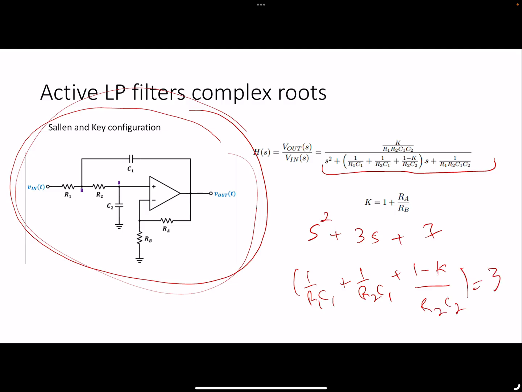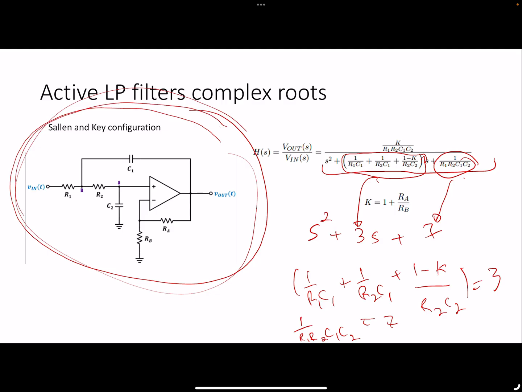So basically you're going to match your resistors and capacitors so that you get the correct coefficient. Same idea, it's just a little bit more algebra. That's it. There's not much more there.